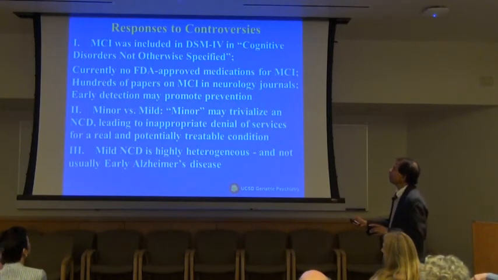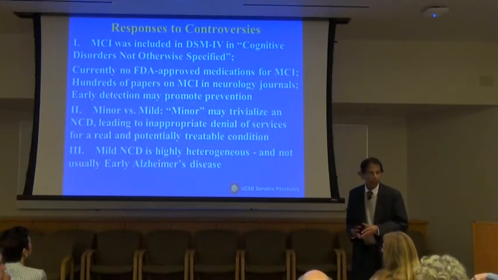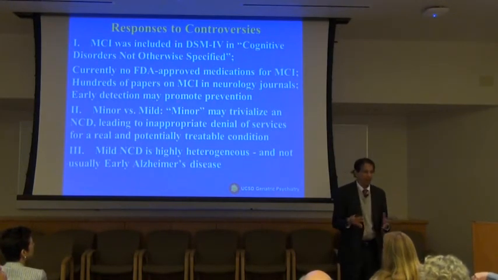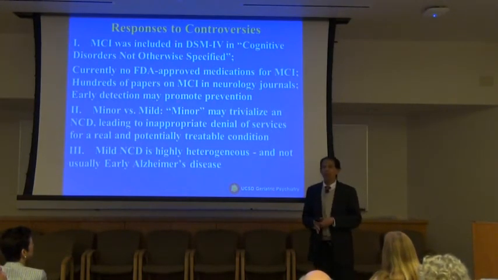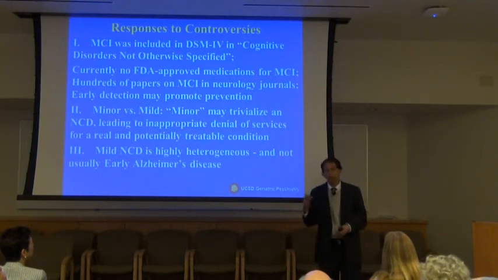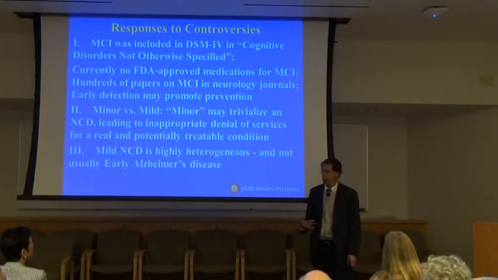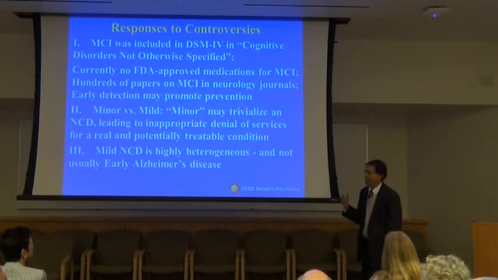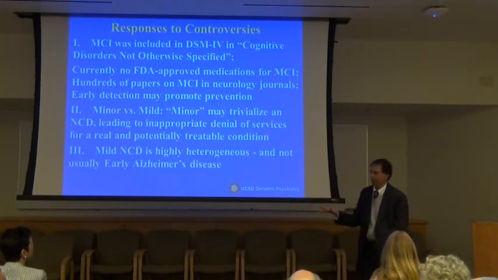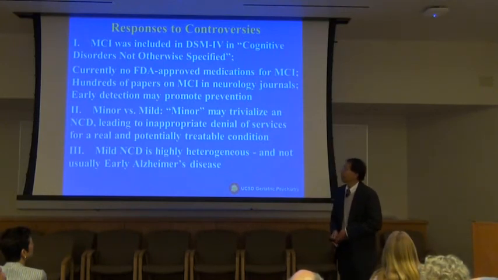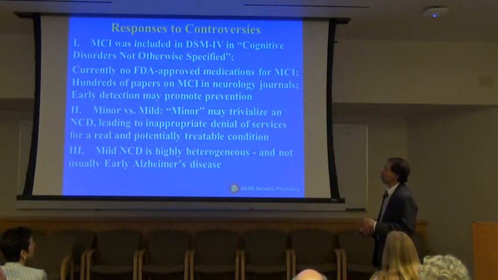Minor versus mild. Minor actually was originally what we wanted to use as opposite of major. The problem we ran into is that people pointed out if you call something minor in DSM-5, insurance companies will refuse to reimburse. They will say this is not a real psych disorder, it's a minor thing. So we actually thought of several options.